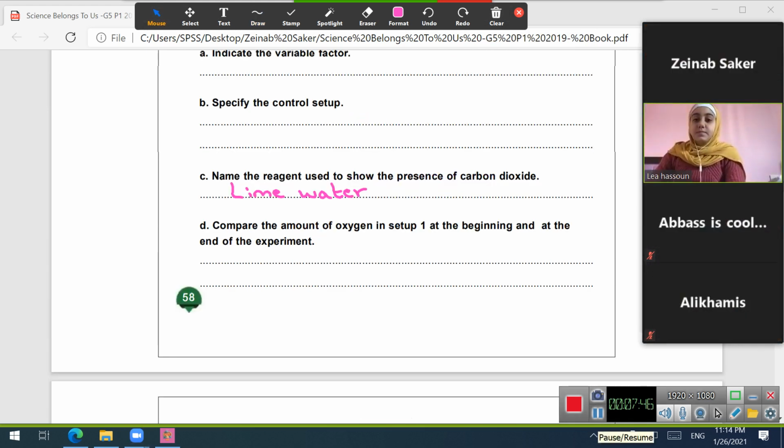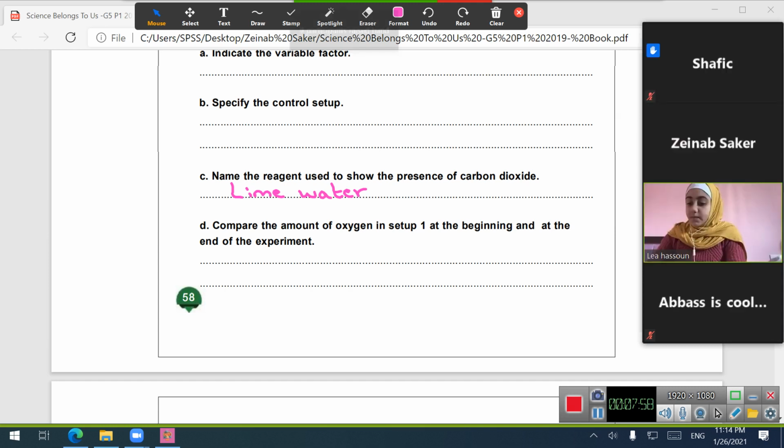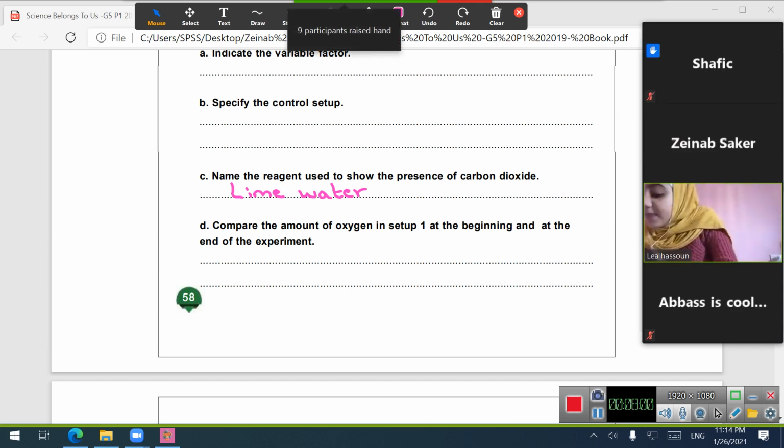Now, in part D, we have to compare the amount or quantity of oxygen in setup 1 at the beginning and at the end of the experiment. Can you, Leah? The amount of oxygen in the beginning is 21 and at the end 18. Excellent, Leah.